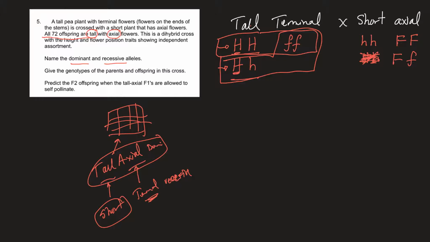And then on this side, I have to figure out if it's this one or, maybe I should have used another color, that plant. But I do know that all I get are tall flowers.